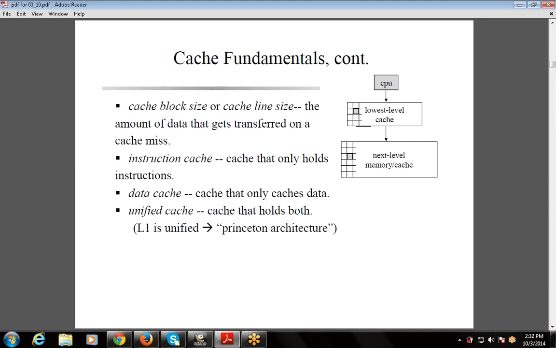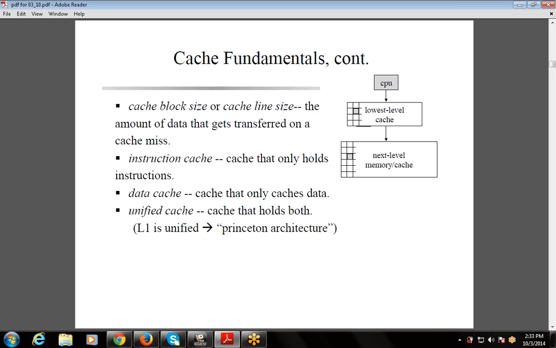What is the instruction cache? A cache that only holds instructions. That is, the cache is built only for holding the instructions, and that is known as the instruction cache.